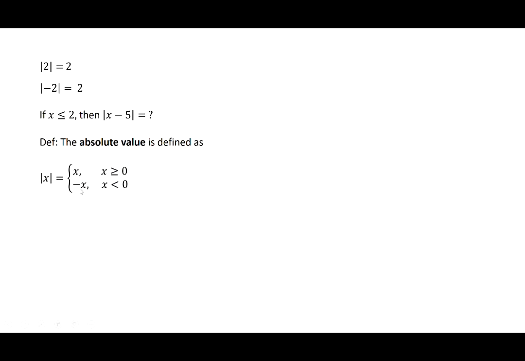Is equal to negative of quantity if quantity is less than 0. Look at that. Why do I do that? It'll become clear right now. If we look at -2, what is our quantity right now?